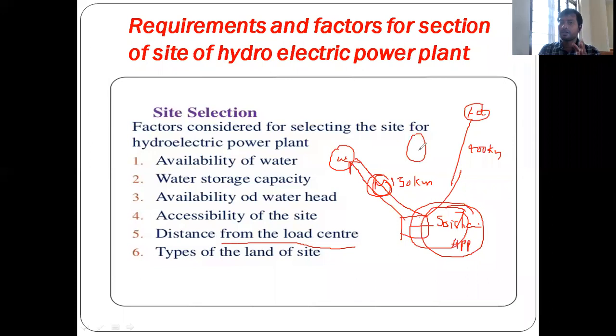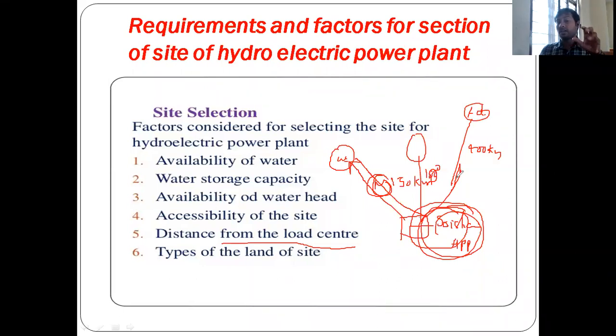Nearby Hyderabad is available, and in Hyderabad the power grid is also available. This is also 180 kilometers from the hydroelectric power plant. If you construct this hydro power plant more than 150, 200, 300 kilometers away, more power will be lost through copper losses, and it's very difficult to transfer the electricity.